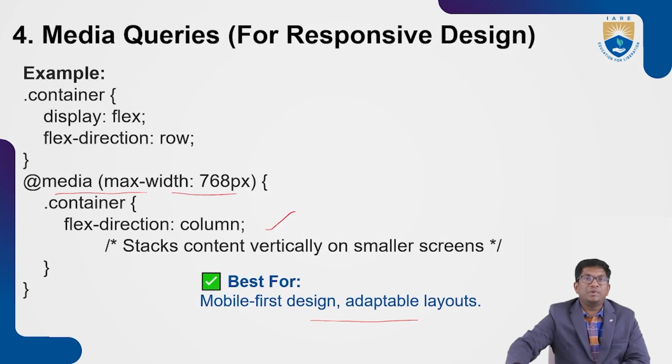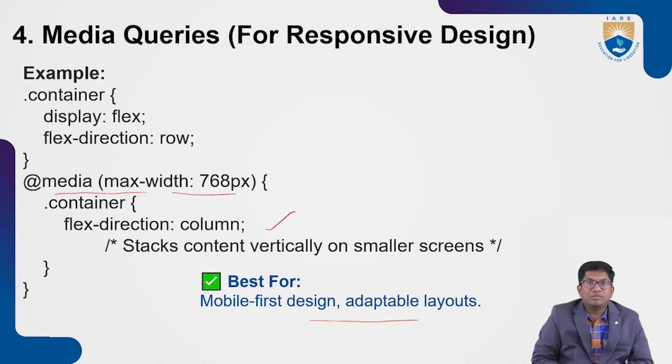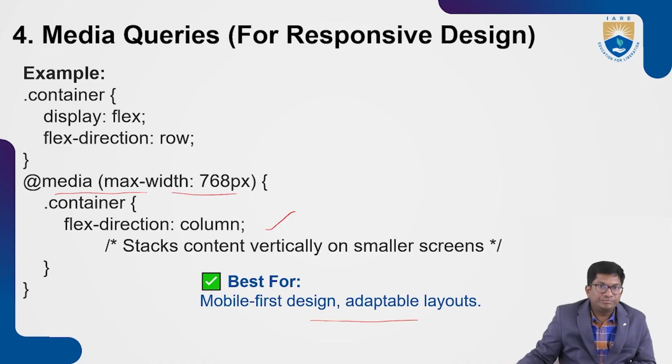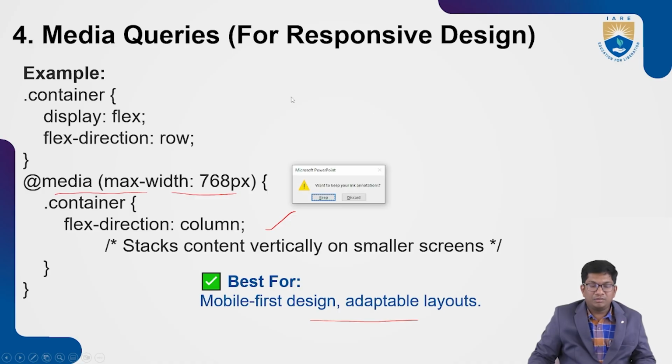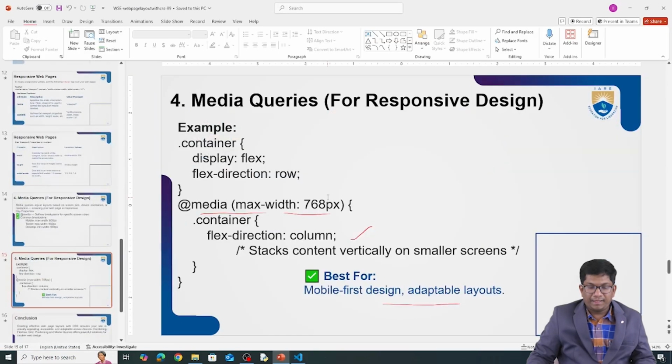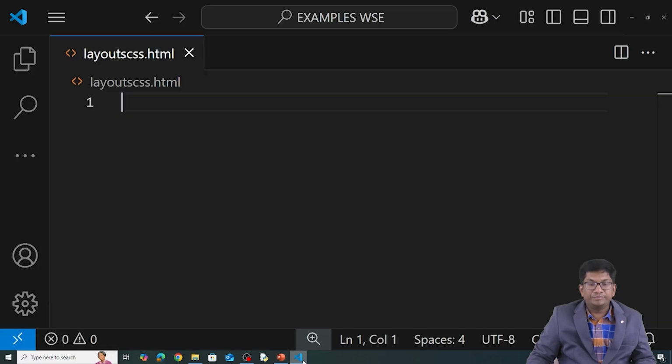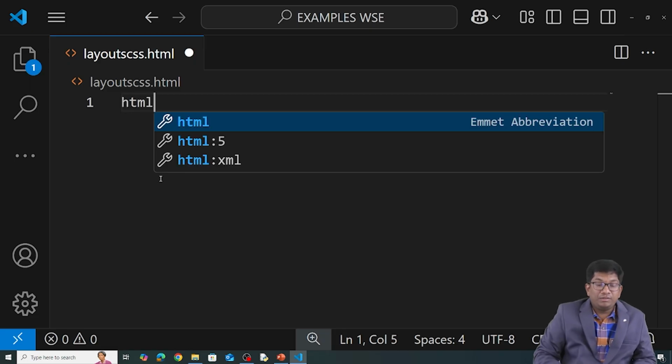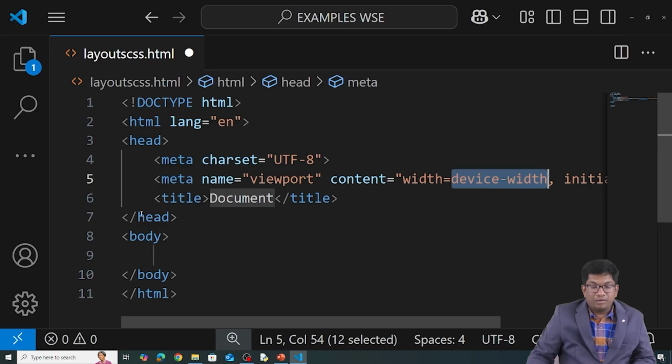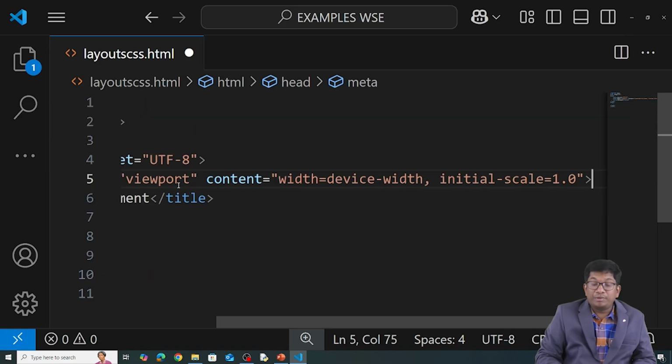So we'll discuss a simple example of how to use these layouts, write it, and design the web page. Open VS Code and we start with the HTML5 version. And this one we already discussed for a responsive web page.